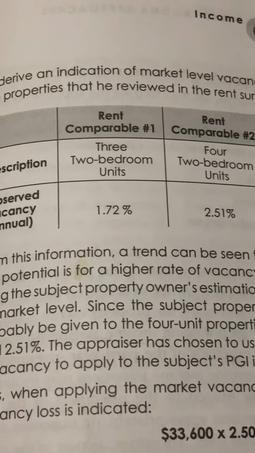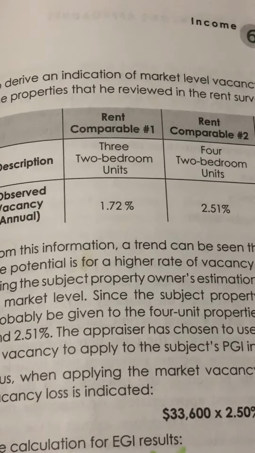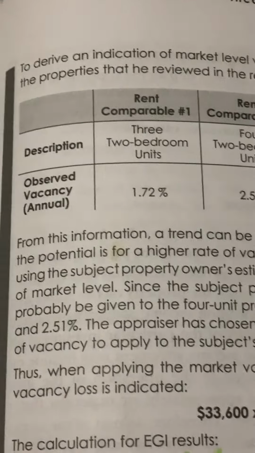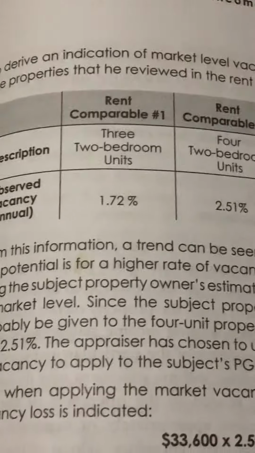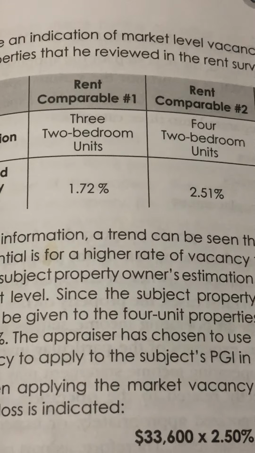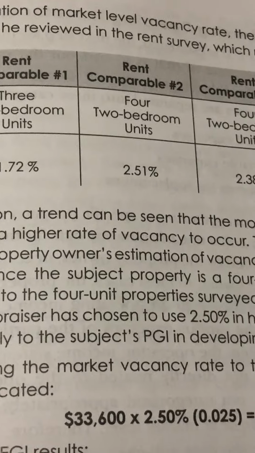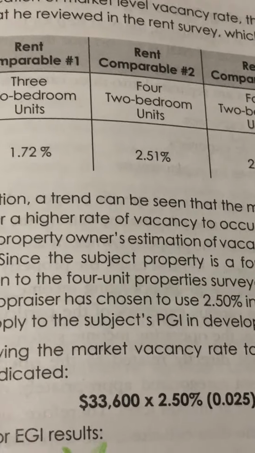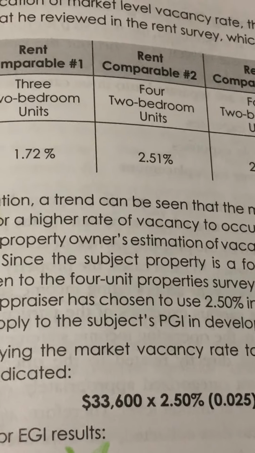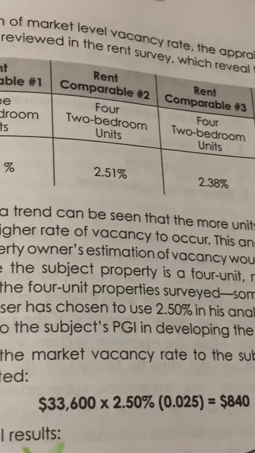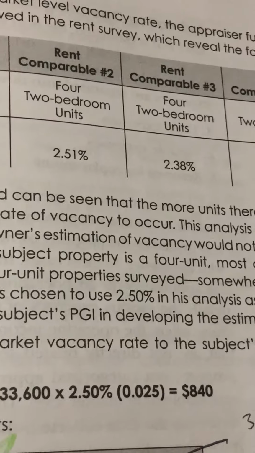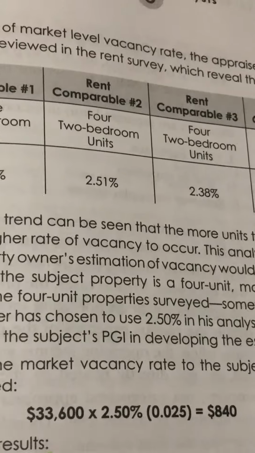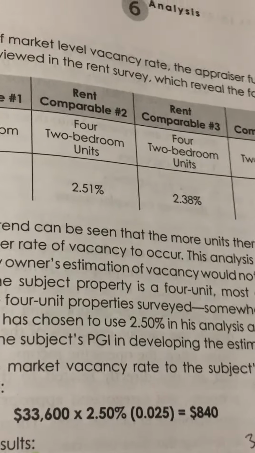Comparable rental number 1 has 3 two-bedroom units, but on this one it has an observed annual vacancy of 1.72%. Comparable rental number 2 is a 4 two-bedroom unit. I think they're using the same comps from the first rent survey, so you already know them.